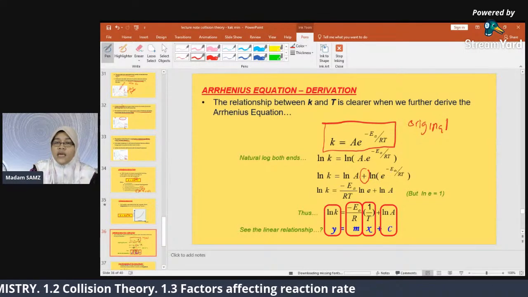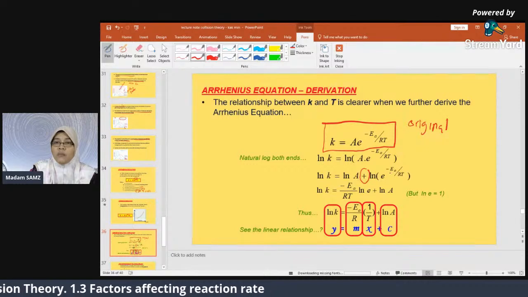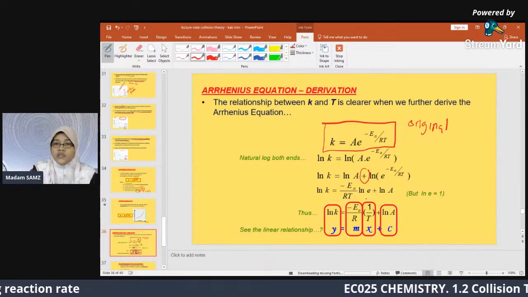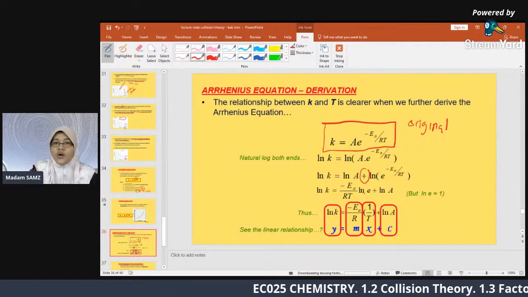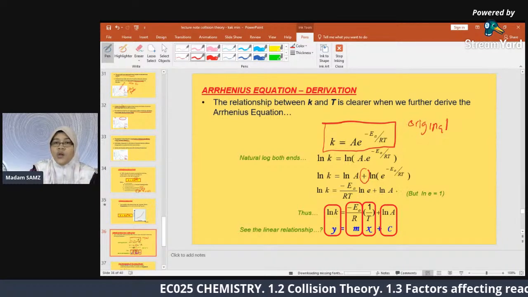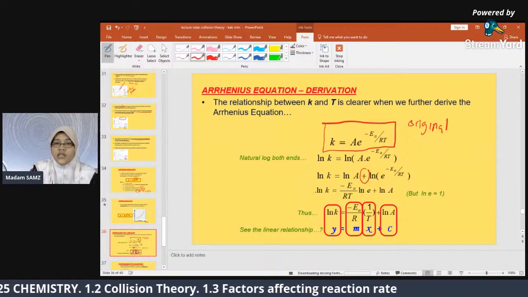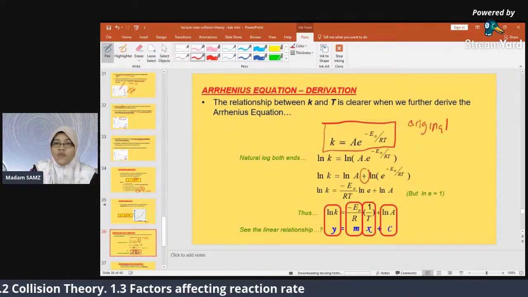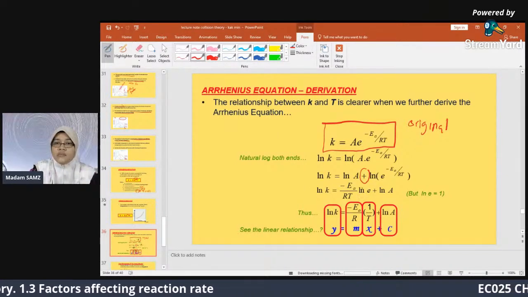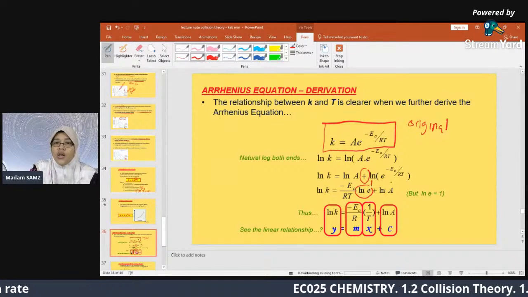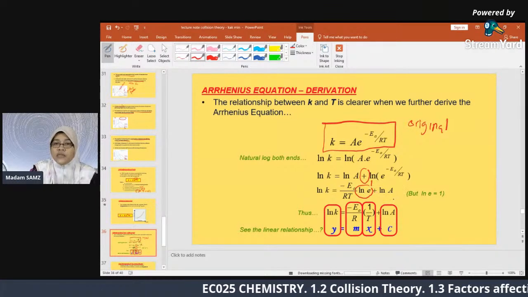So Ea ni kuasa, so kita boleh bawa dia ke bawah. Negatif Ea over RT, ln e tambah ln A. Alright. So ln k ni jadi ln k. Ini Ea over RT. ln e dah tak ada sebab dia jadi 1. ln A ni dia akan jadi pintasan.